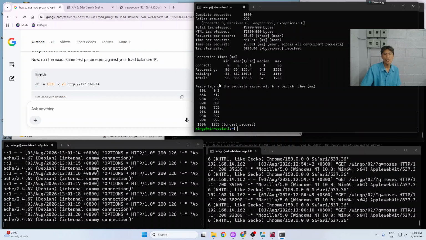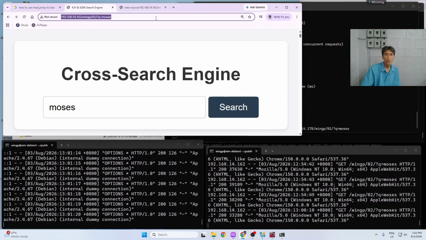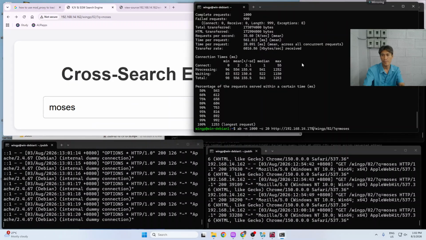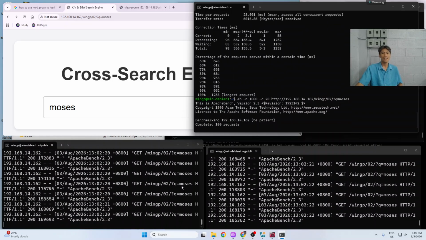Now let's test the load balancer. The load balancer's IP address is 162. Correct? 162. Class, both these windows will scroll. See? Both windows are scrolling.